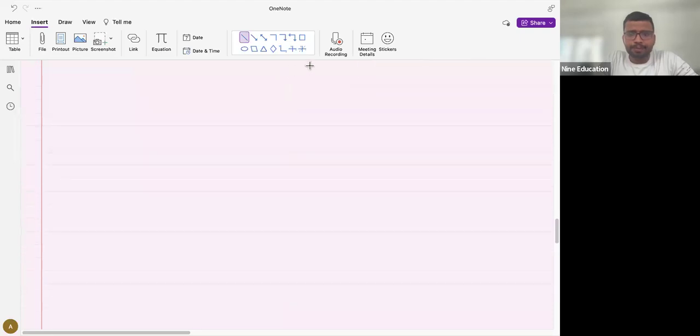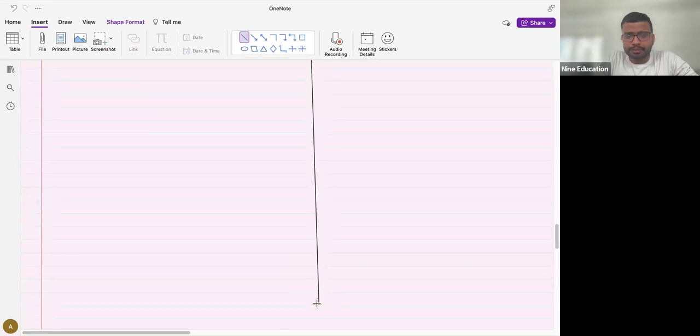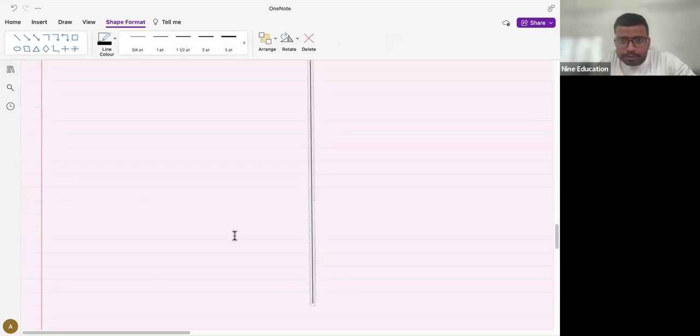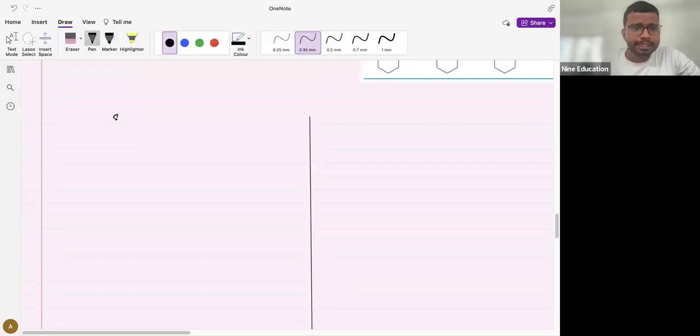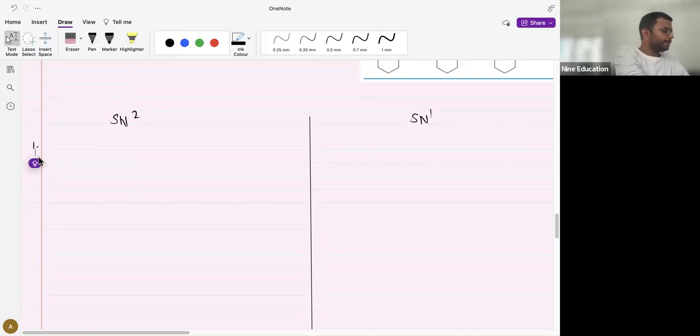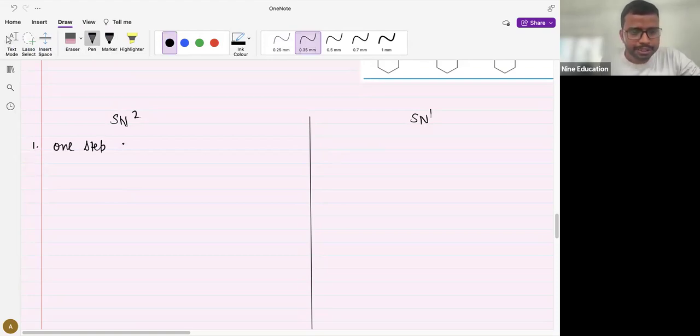If I am talking about the SN2 reaction and the SN1 reaction, we will compare these two reactions based upon what we studied. In the SN2 reaction, we have a one-step concerted mechanism.